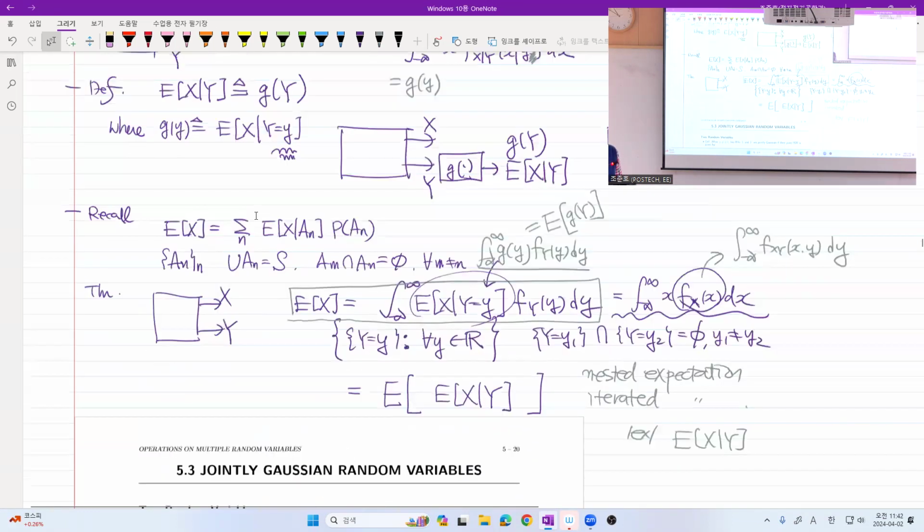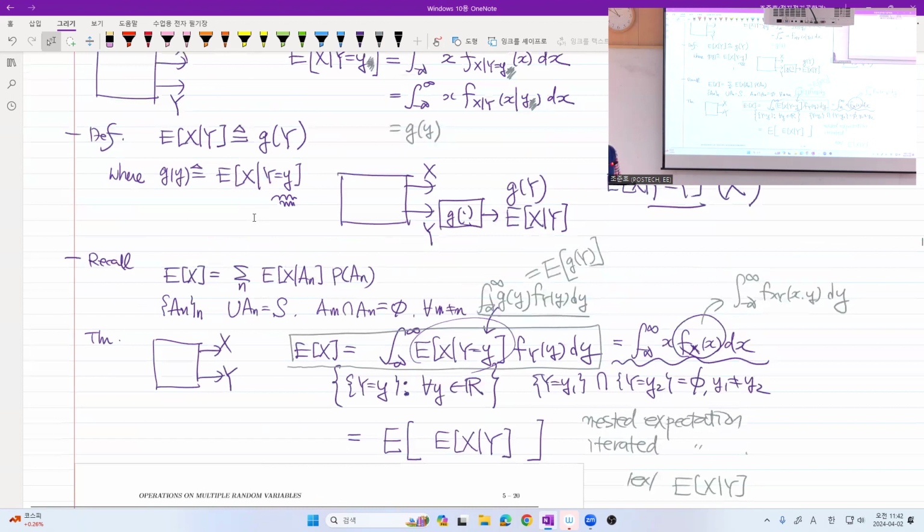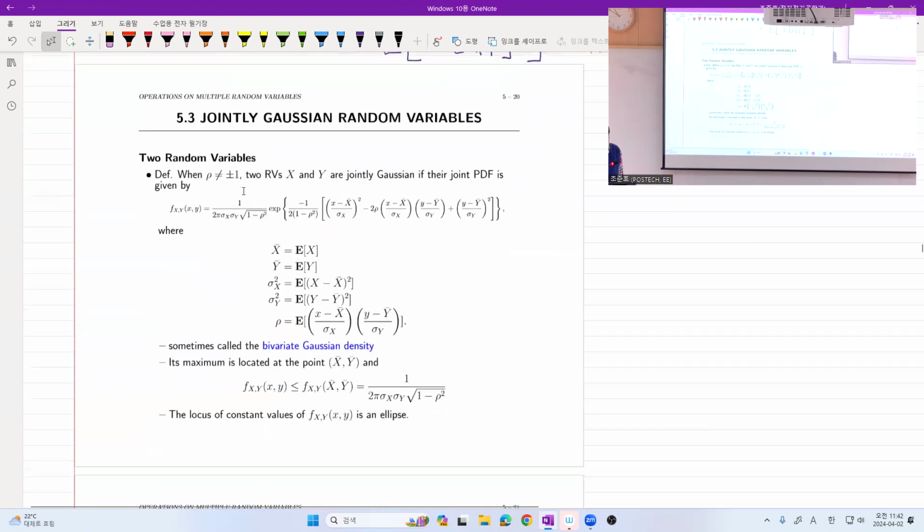Of course, yeah, of course you can have your PMF version of the iterated expectation. No problem. Okay, let's move on to section 5.3, jointly Gaussian random variables.